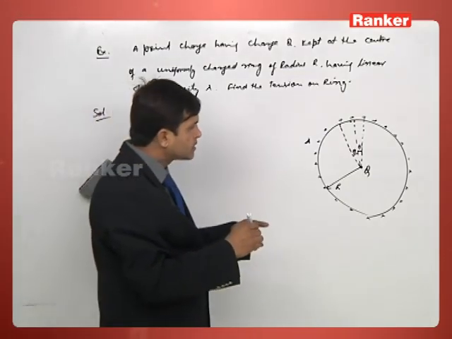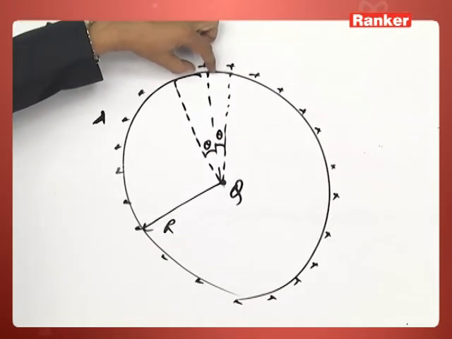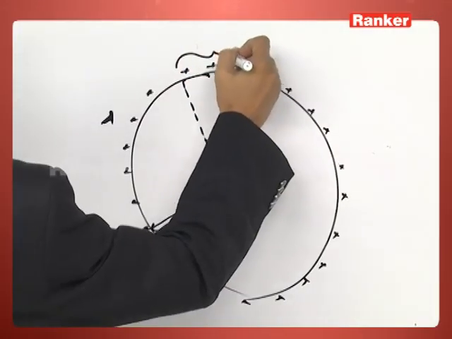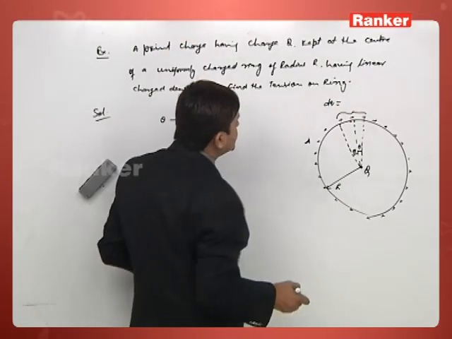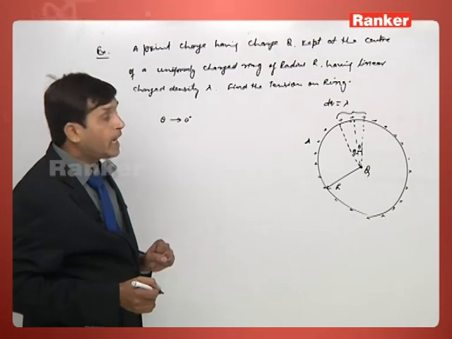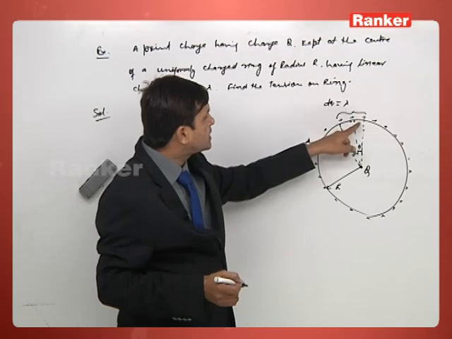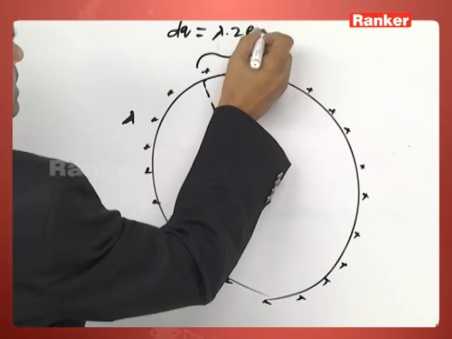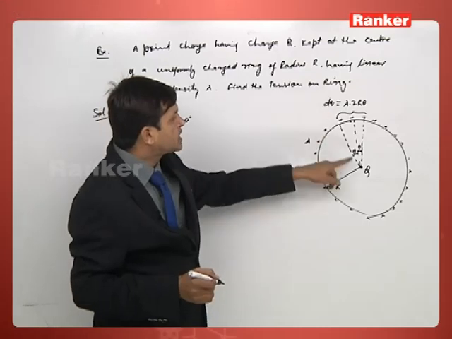When theta tends to 0, this becomes just like a point charge. So how much charge is on this part of the ring? Let that charge be dq, and this dq is lambda, the charge per unit length, times the length of this part. This is radius r, so r theta, so 2r theta. This is the charge dq, and this is positive charge.